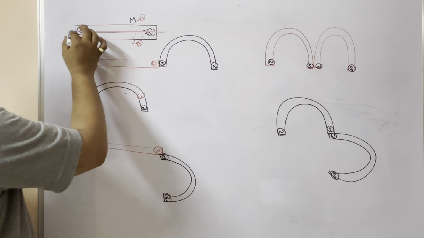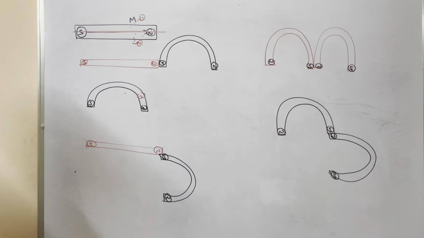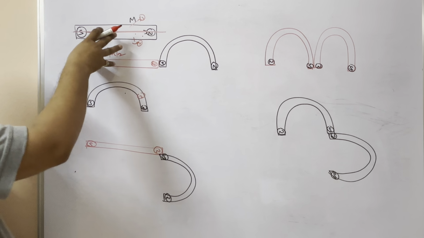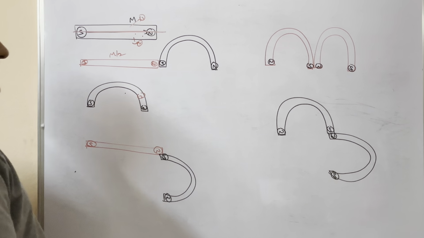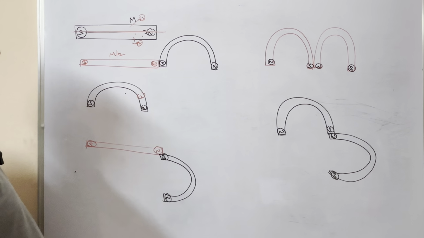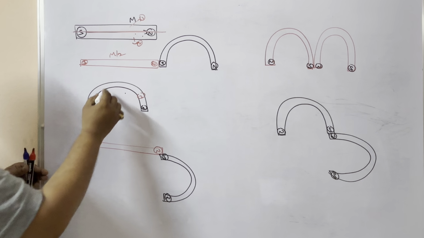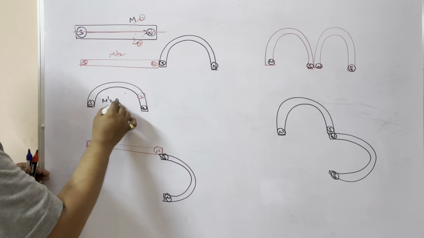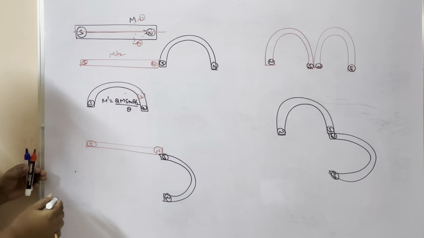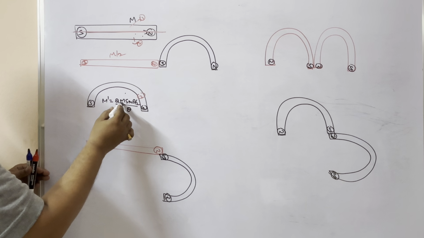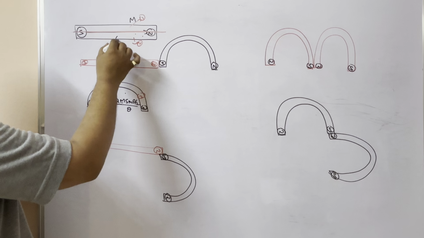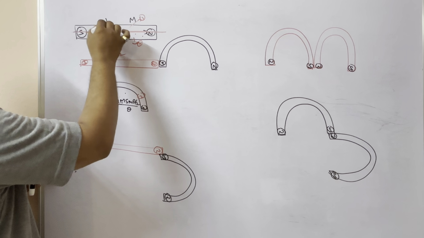If they divide it parallel to its length, then what is the new magnetic moment of the first part? The first part is m by 2. Already in the previous class we discussed this. Now this is also m by 2, but they bent it in a semicircular shape. So for the semicircular one, m dash equals 2m sine theta by 2 by theta. Now what is capital M here? If it is the original one it is capital M, but the second part magnetic moment is m by 2. The first part is also m by 2.